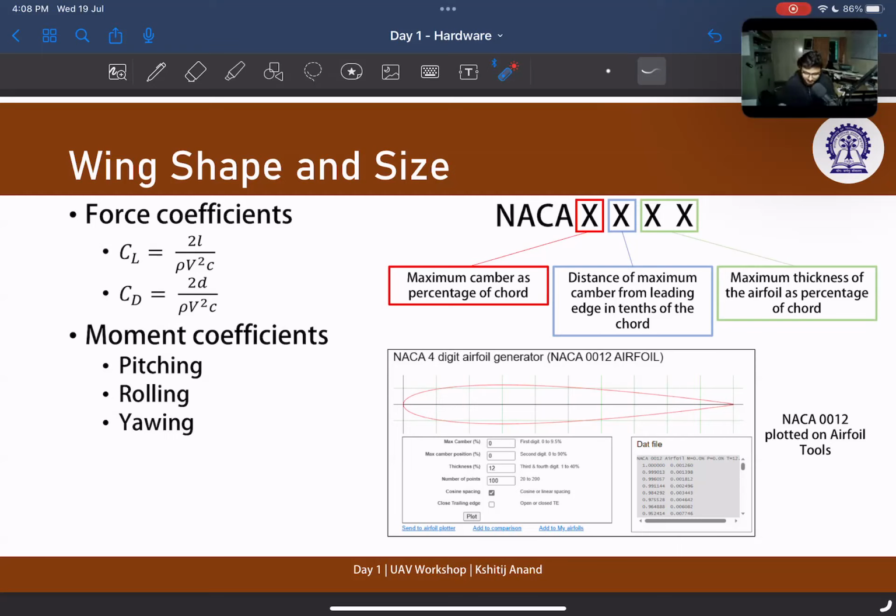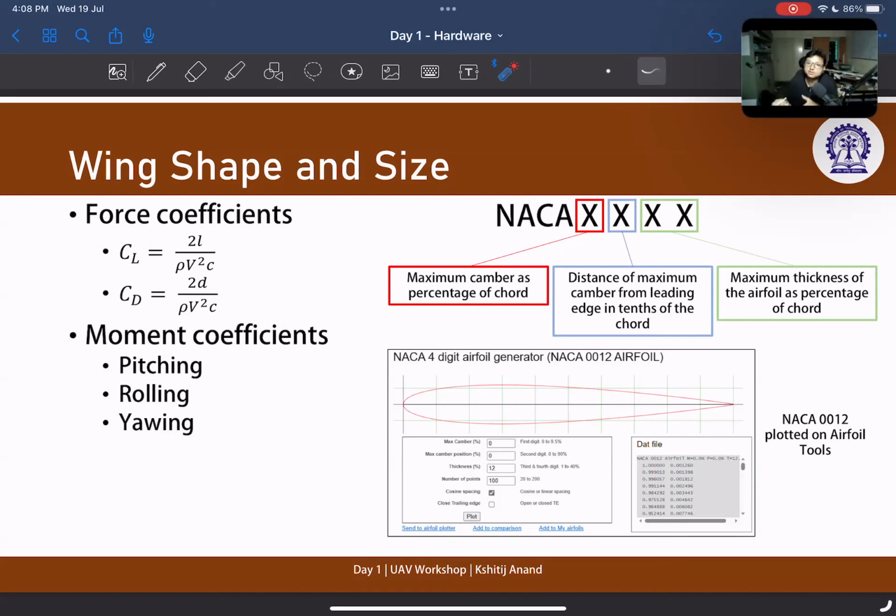So basically, why do we use these coefficients? Because, for example, if you have the same airfoil shape, and you have a longer wing, a broader wing, a bigger wing, the lift force is going to change.